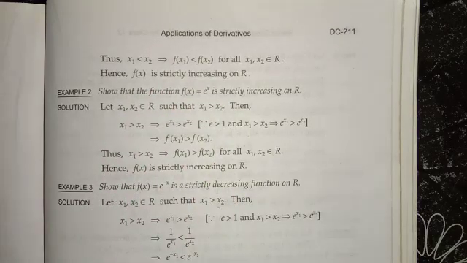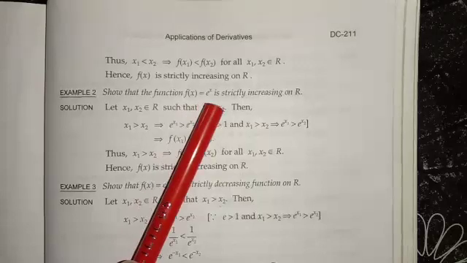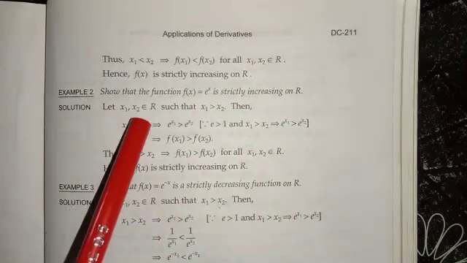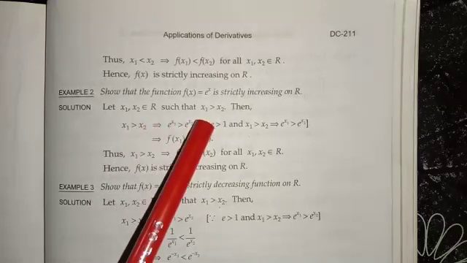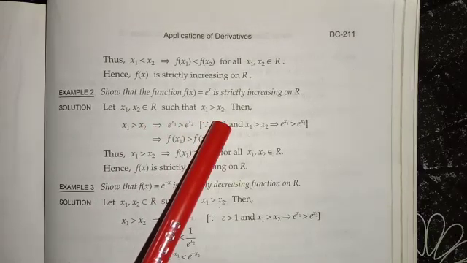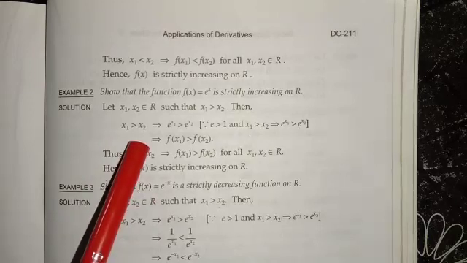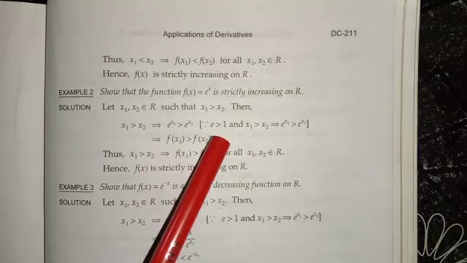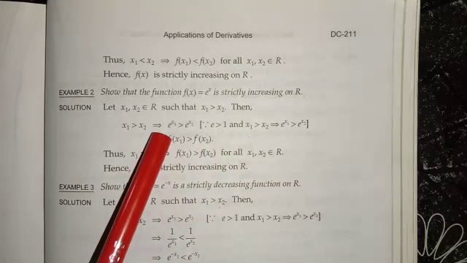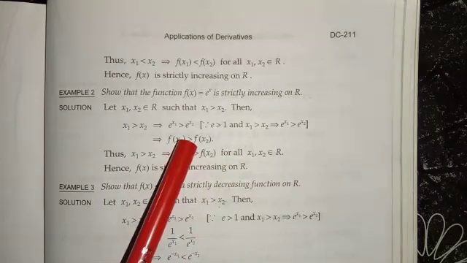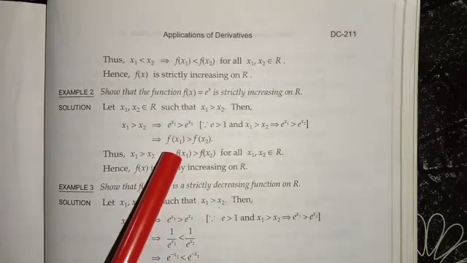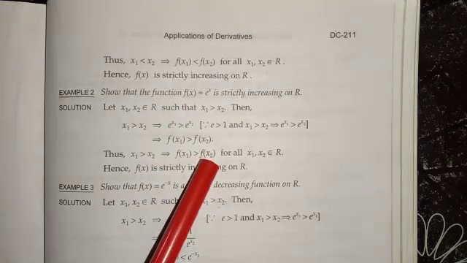Second question. Show that the function f of x equals e to the power x is strictly increasing on R. How will you know? Let x1, x2 belong to R such that x1 is greater than x2. Taking the exponential function, e to the power x1 is greater than e to the power x2, which means f of x1 is greater than f of x2.